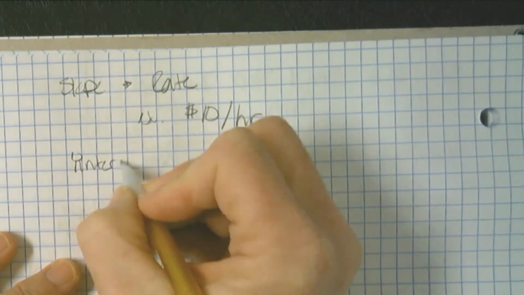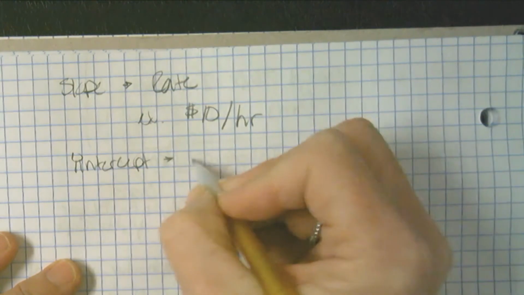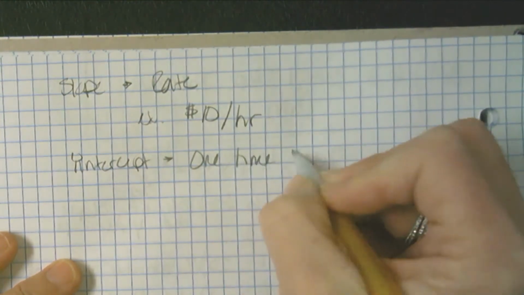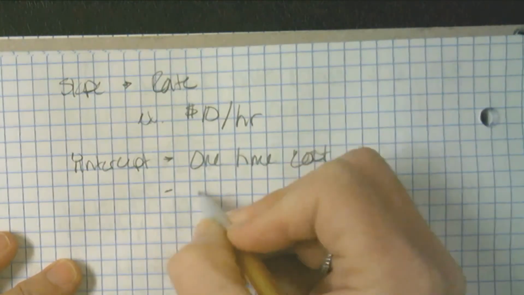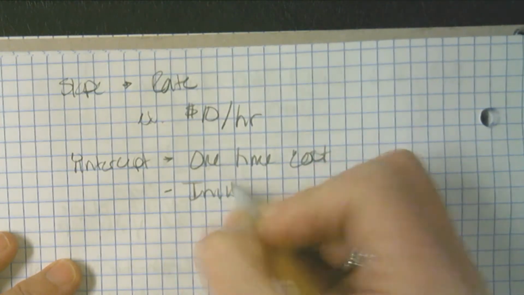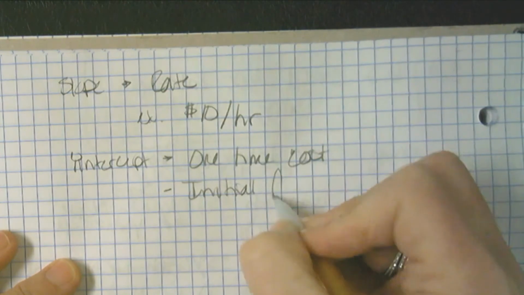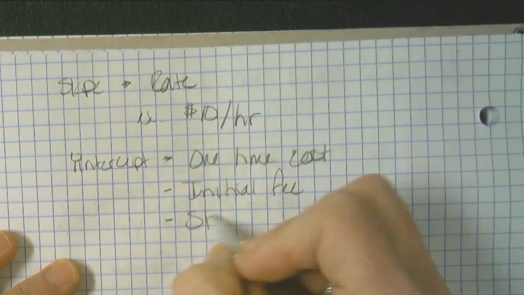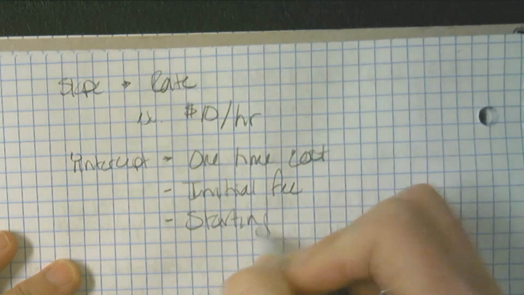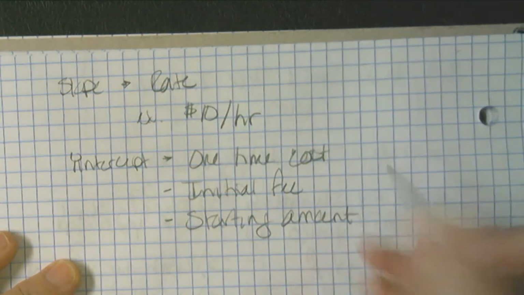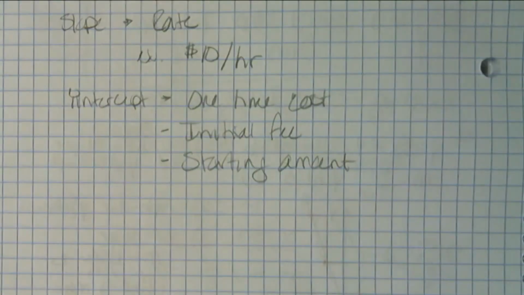Your y-intercept, this is a one-time cost. It's an initial fee. It's a starting amount. That's what a y-intercept is.